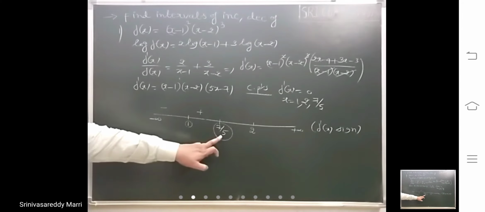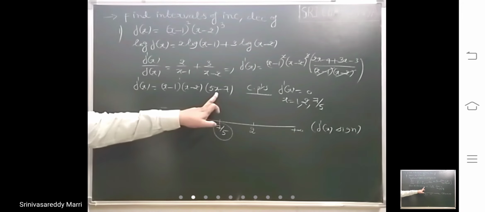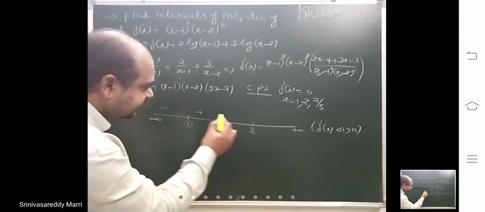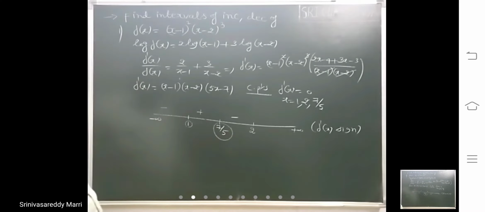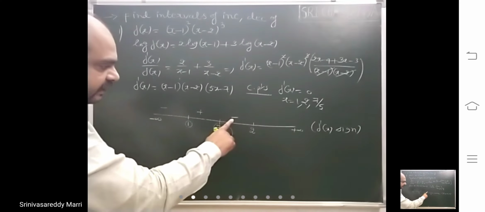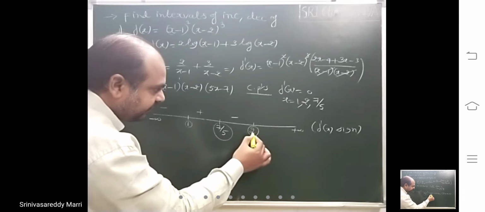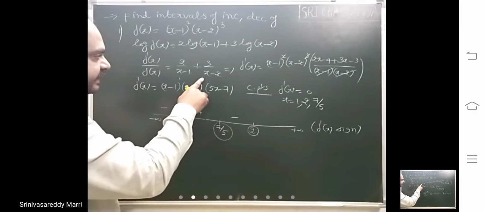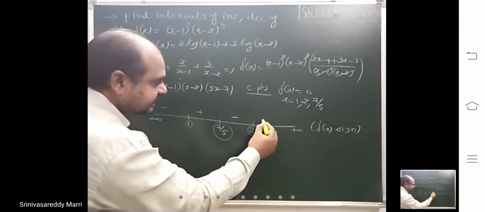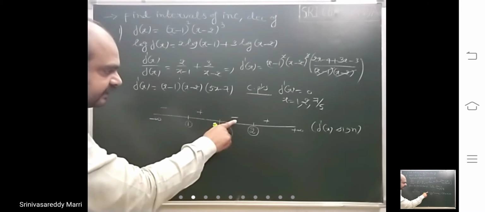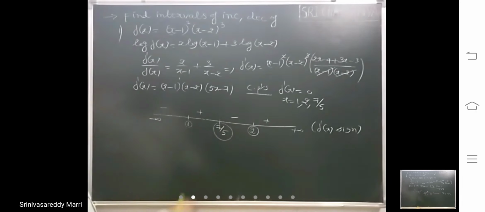This factor has odd power; odd power means change the sign. Right? Next interval, the starting point is 2. The power is 1. Odd means change the sign. If even, the same sign is there, you write the same. Right? Odd means change the sign.